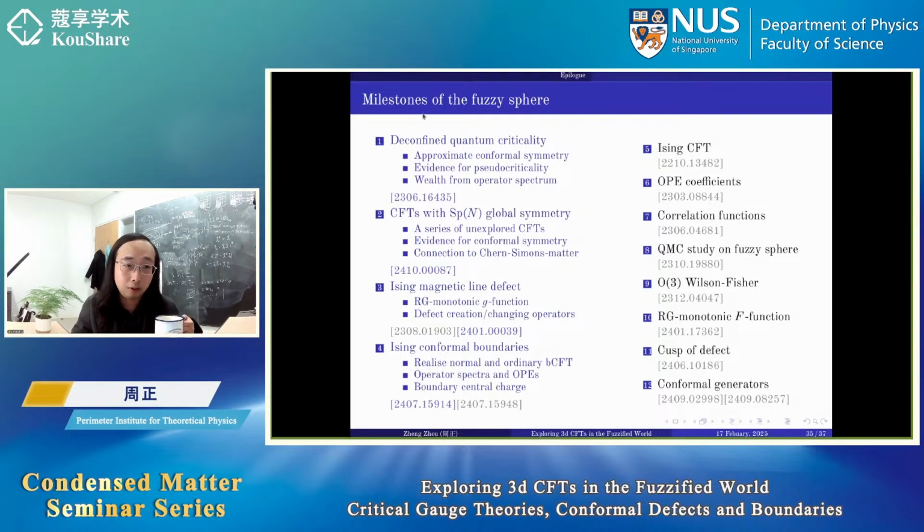It's not only the four works that I mentioned today. For example, the deconfined criticality, the SPN theories, and the Ising conformal defects and boundaries. There are a lot of other exciting things going on, and our journey, our quest, will be ongoing.